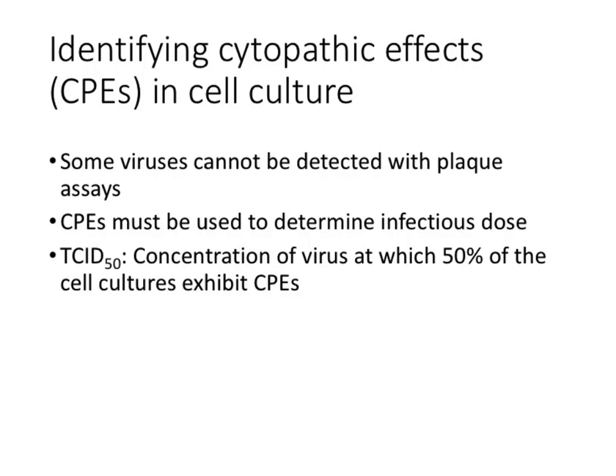As Sabrina just pointed out, some viruses we can't detect by a plaque assay, and so we have to do more microscopic techniques to identify what we call these cytopathic effects. Typically, what's measured here is what's known as a TCID 50. I really don't want you to know anything more than it's kind of like a modified plaque assay.